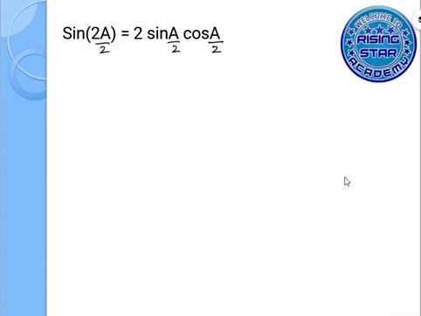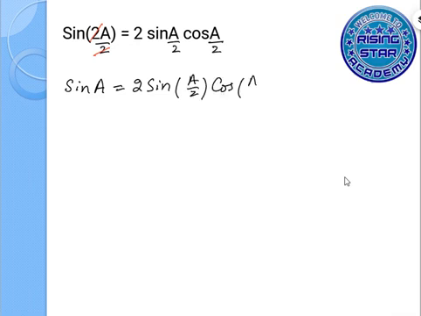So in the next step, this 2 is cancelled with this 2. So now I have left sine A is equal to 2 sine A by 2 into cos of A by 2. So this is the derivation from double angle to half angle.